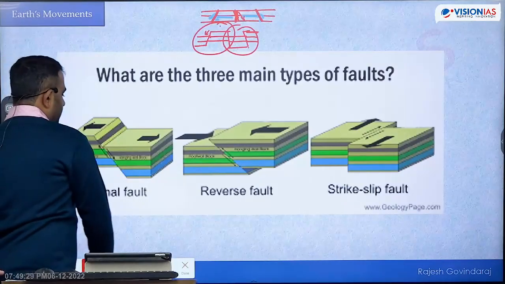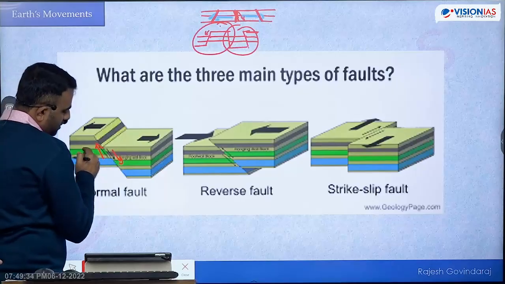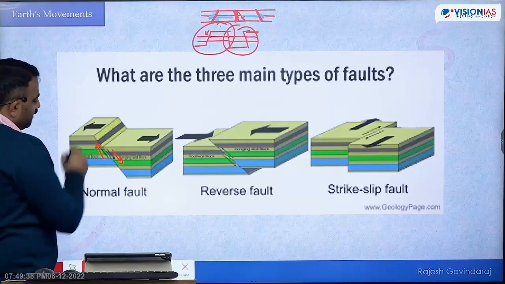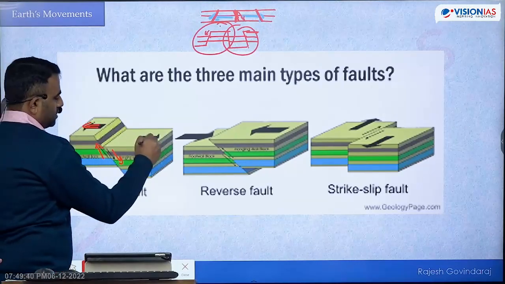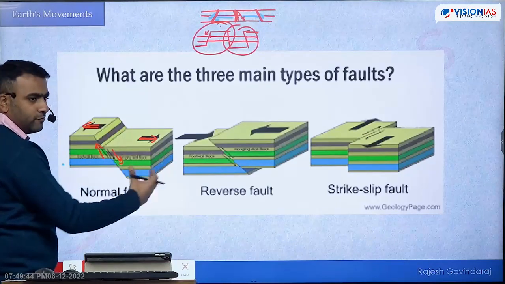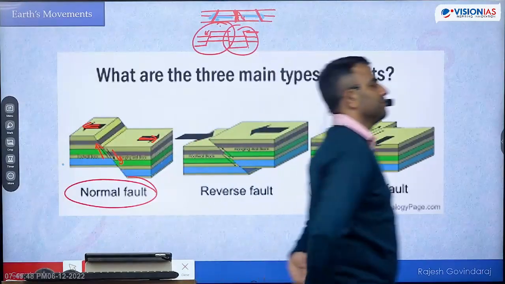So in normal case, you can see there is one block here, there is another block here, and this block is moving down in relation to the other. This happens when these blocks are moving away from each other, right? This is moving down. This is what is called as normal fault. Normal fault.